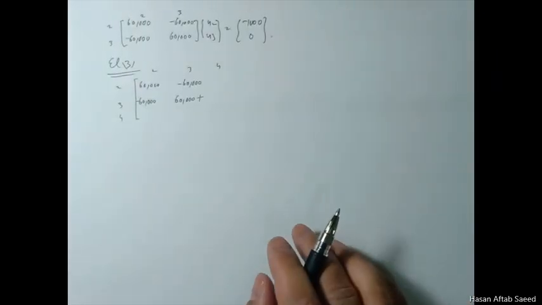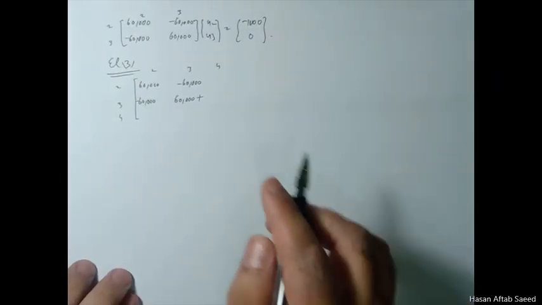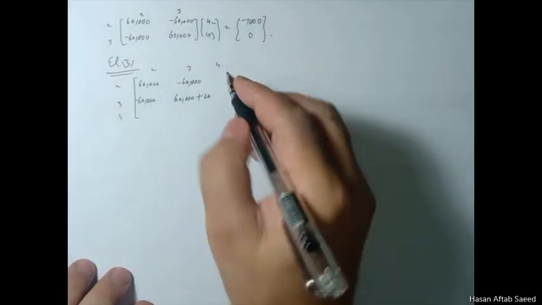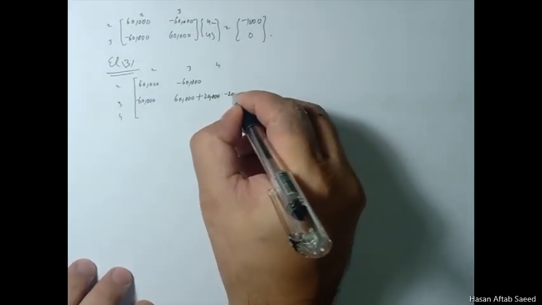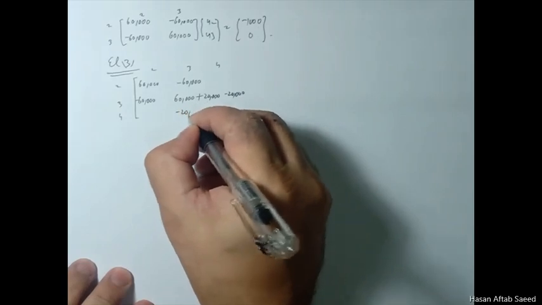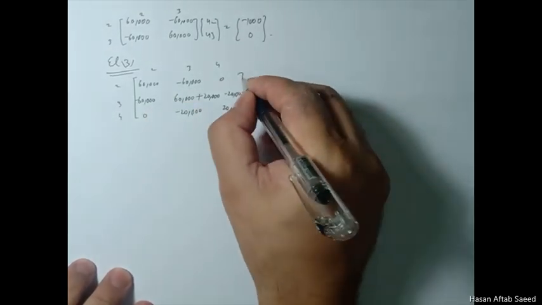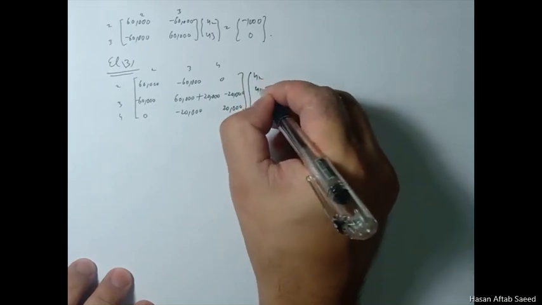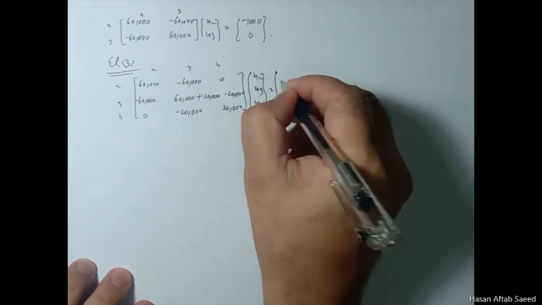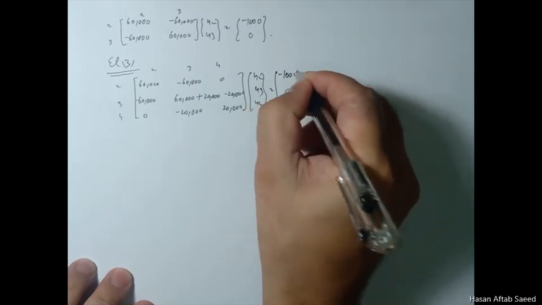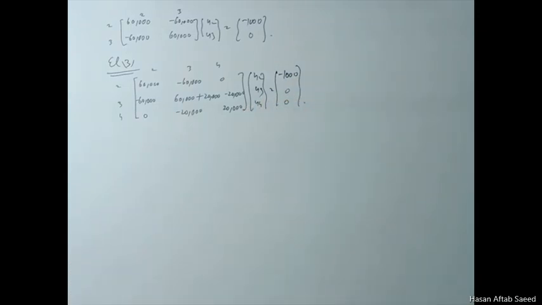So simply plus 20,000 minus 20,000 minus 20,000, 20,000, you have zeros here, u2 u3, you have u4 here, minus 1,000, 0 0, there is no force here. Now we can eliminate.